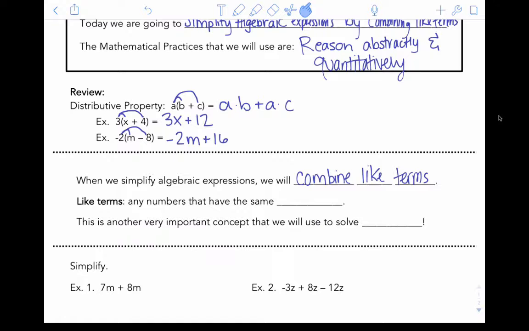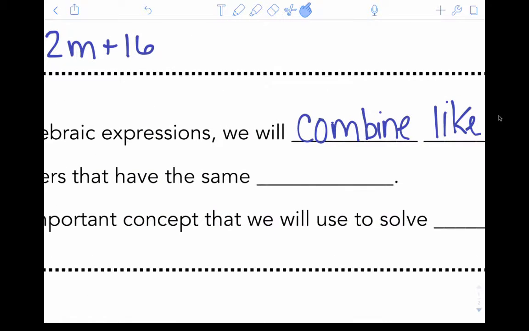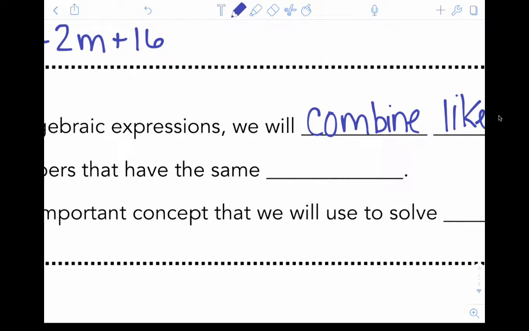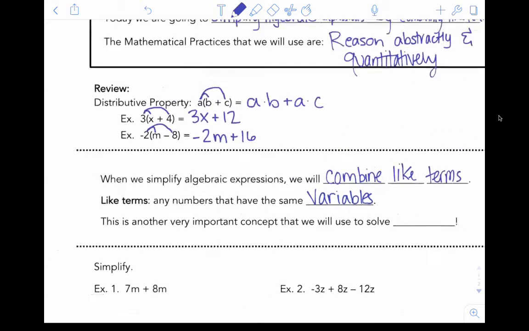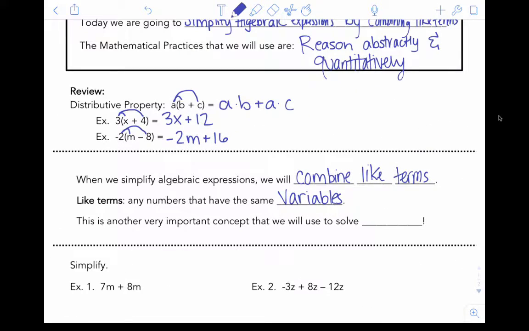Like terms are any numbers that have the same variables. So we're looking at numbers with the same variables.